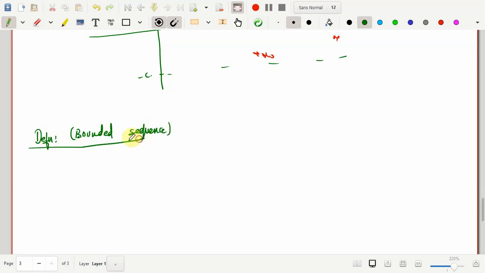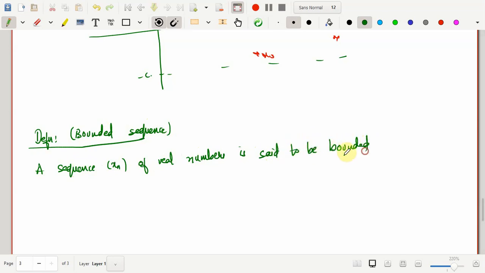A sequence xn of real numbers is said to be bounded if you are able to produce a C which is positive such that the modulus of xn is less than or equal to C for each natural number n.